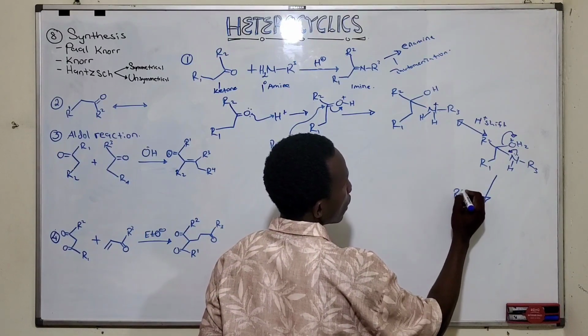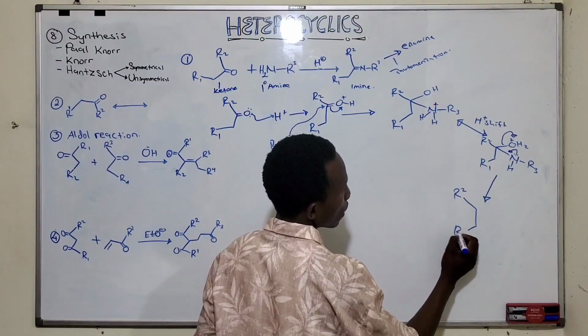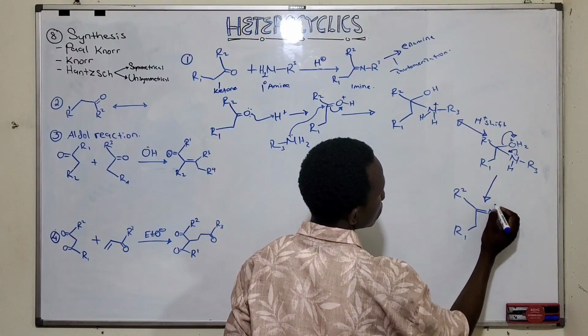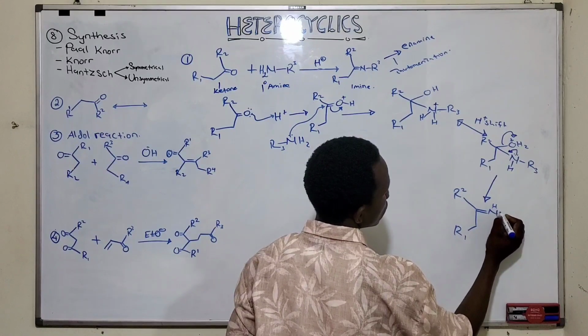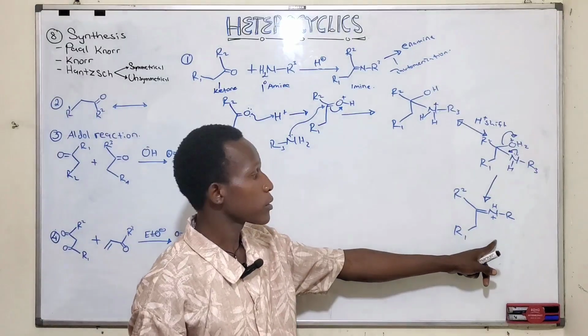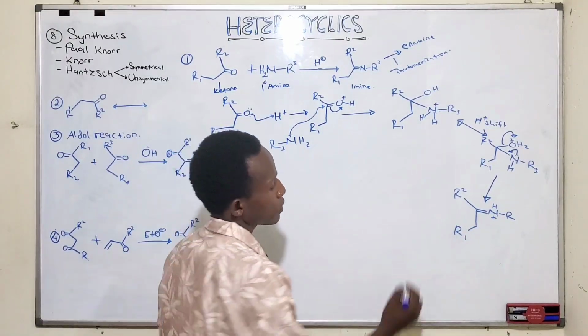We have R2, R1, then here we have this N, H, and R, but it is a plus. We're having this.